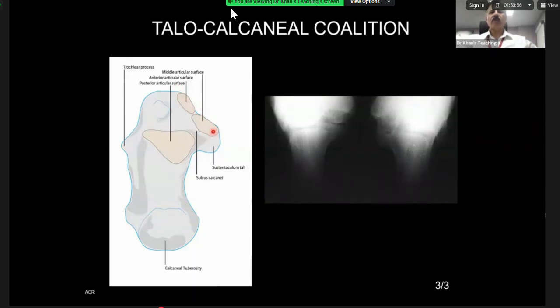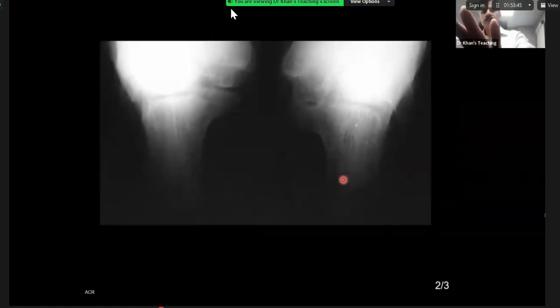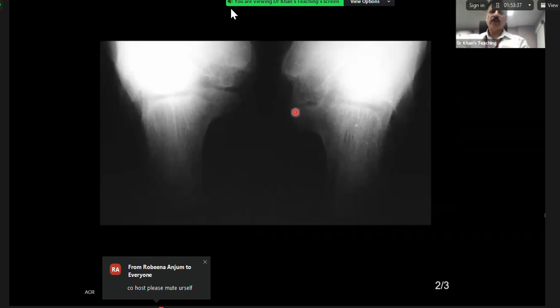So, the middle, you have to remember for the exam, though it can happen in the posterior also. Now, your normal anatomy is that this is the sustentaculum tali. This joint here is the middle joint, right? Look at this middle joint, and you will agree that there is irregularity.